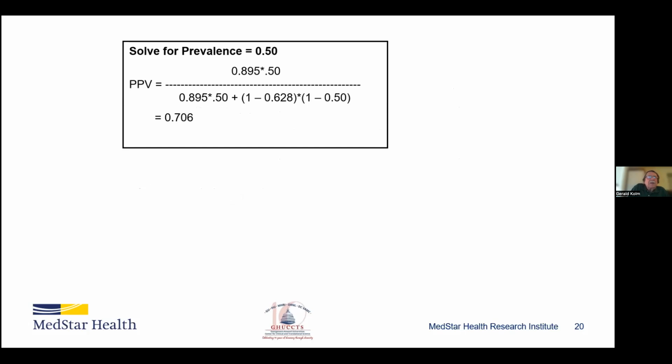So what this means is that in this particular population, if we have an individual who tests positive for the disease or has an abnormal test, the probability that they actually are abnormal is about 0.7 or 70%.